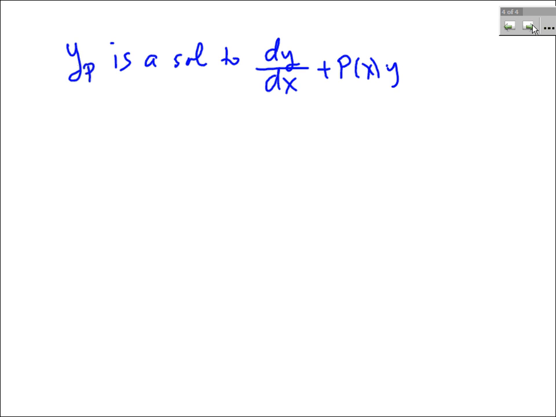Now, one last thing I want to show you is that if y, I call it y sub p, if y particular is a solution to dy/dx plus p of x times y equal to g of x.